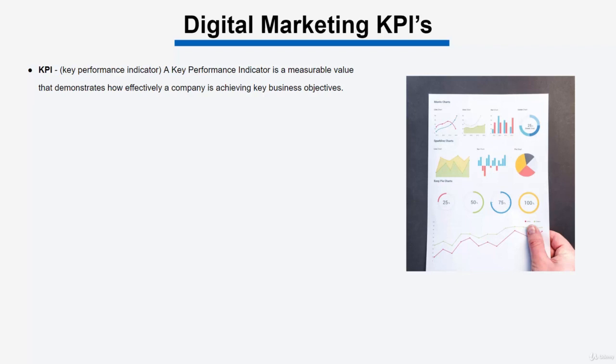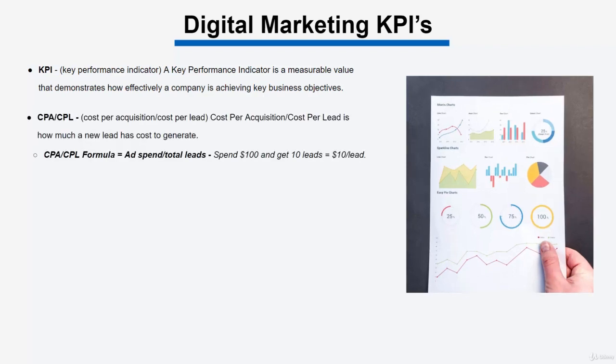Now for us, since we're focusing in on paid ads, this is where we're going to see various KPI metrics. So let's go ahead and look at the first one here. So CPA, cost per lead or cost per action or acquisition, okay? And what this essentially means is how much it costs us to generate a new lead or a new opportunity.